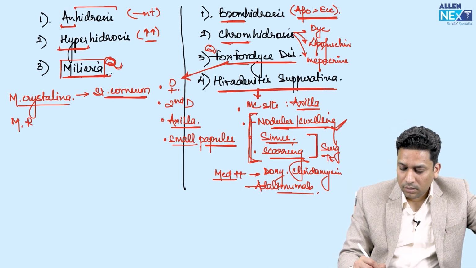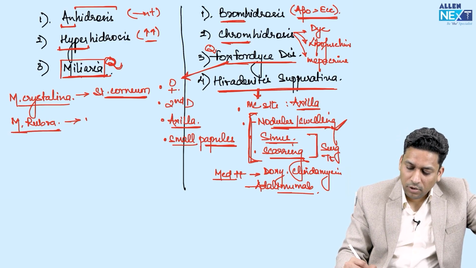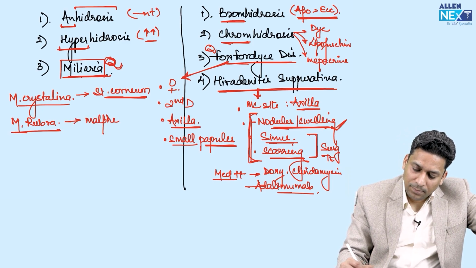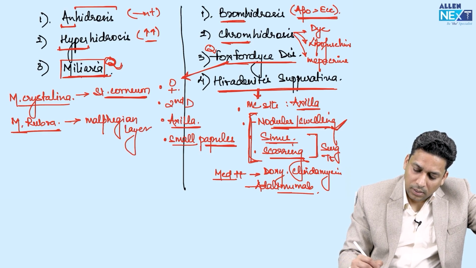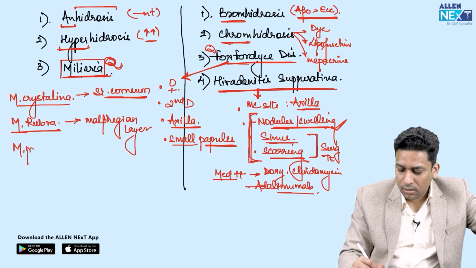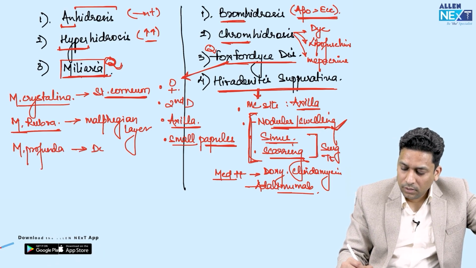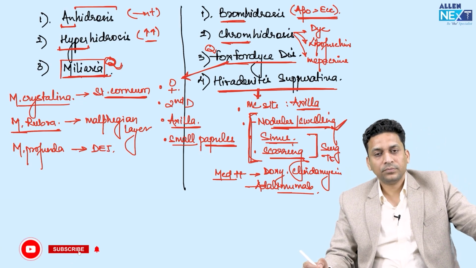Miliaria rubra, if the blockage is at the level of Malpighian layer. And miliaria profunda, if the blockage is at the level of dermoepidermal junction.